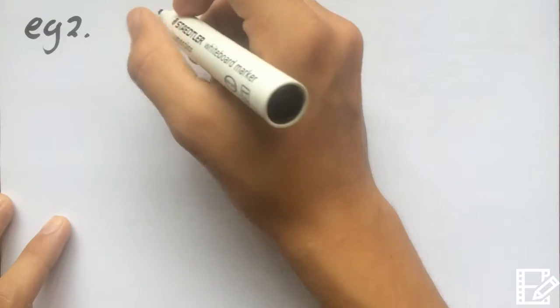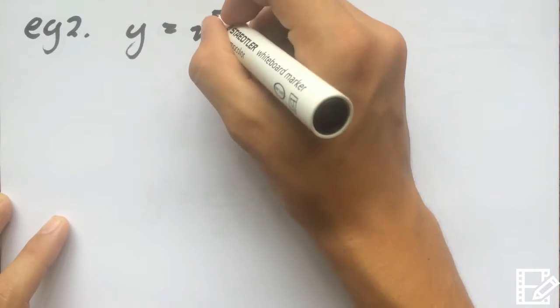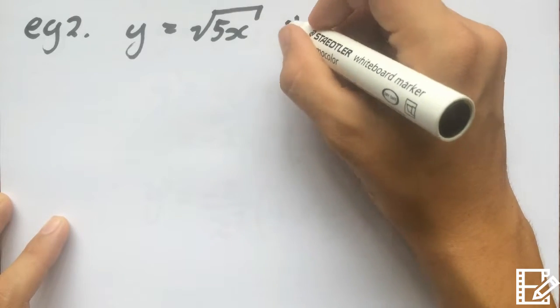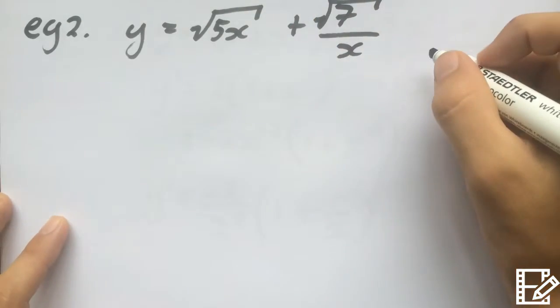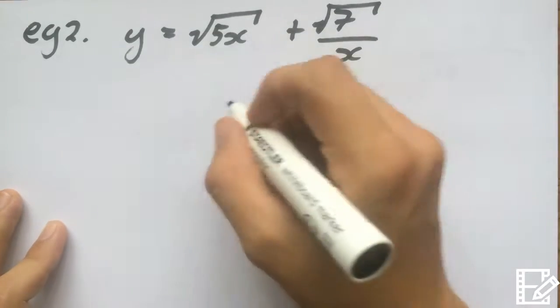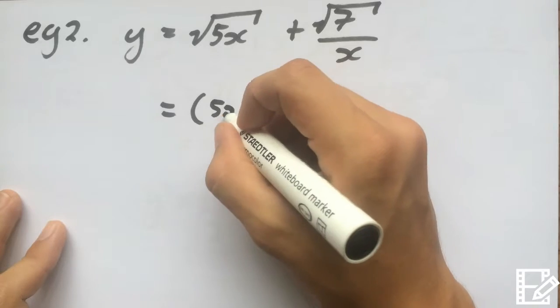Example 2. Y equals square root of 5x plus 7, the square root of 7, over x. Okay. I'm going to rewrite this and then explain it.